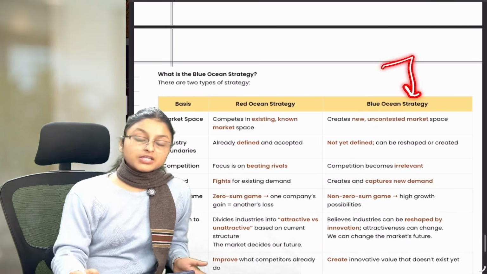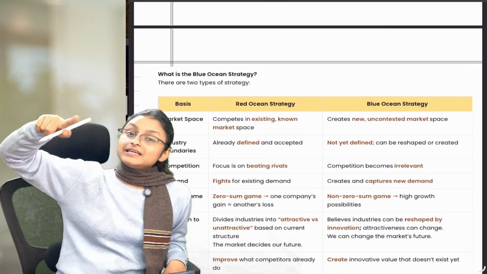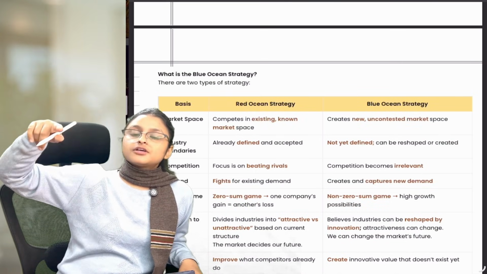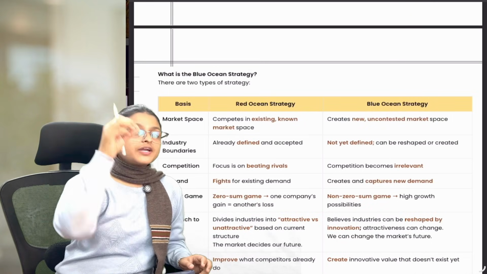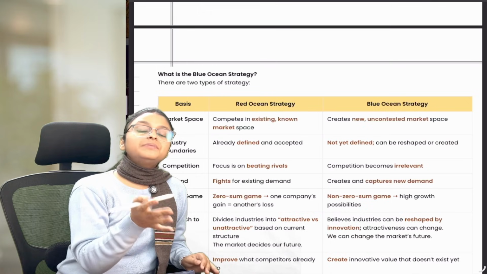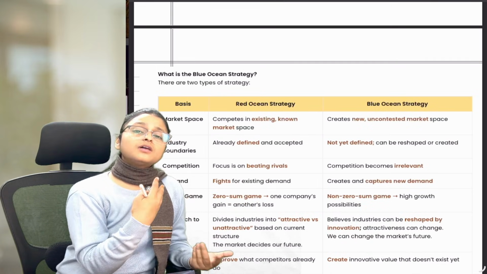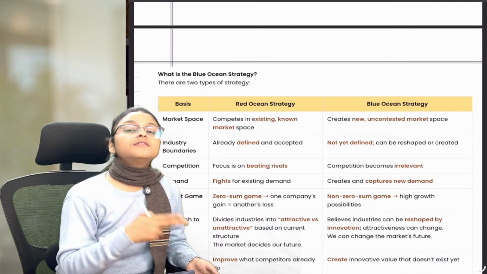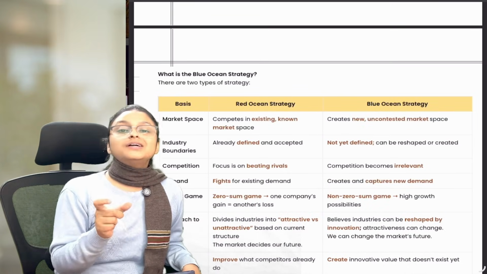Blue Ocean means when you are creating something completely new. That means you are creating a new market for yourself. You will have some new customer base. But in case of Red Ocean Strategy, you are competing in an industry which is already available. You are competing with a lot of competitors already available in the same industry. And that is why it is known as red, bloody red.